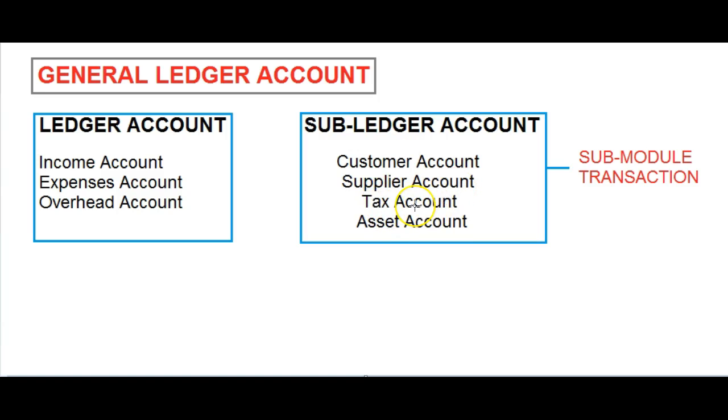For a tax account, for example VAT, you might have different rates of VAT, so one GL account will hold different rates. For assets, you will have different asset numbers inside one GL account, let's say building. These are in the nature of subledger accounts. So whenever you process any transactions in a subledger, you will always select the submodule.